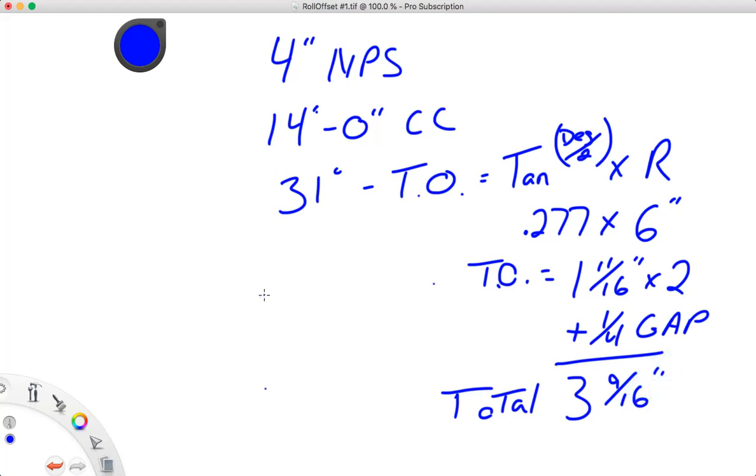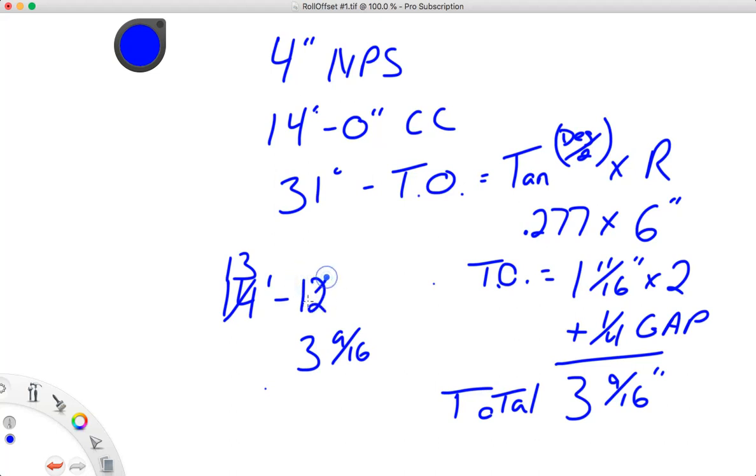Okay, so we've got 14 feet minus 3 9/16. We need a foot over here, so I'm going to make this a 13 and put 12 inches here.